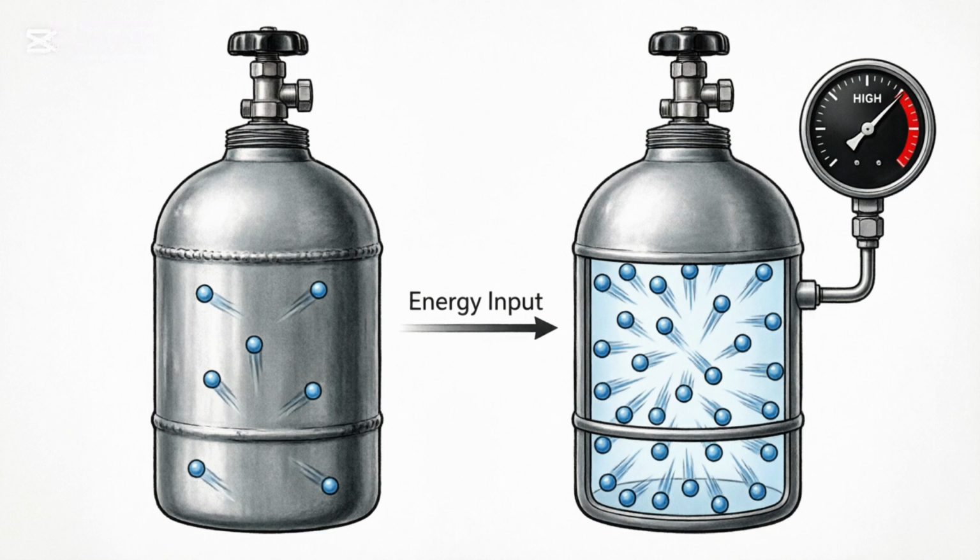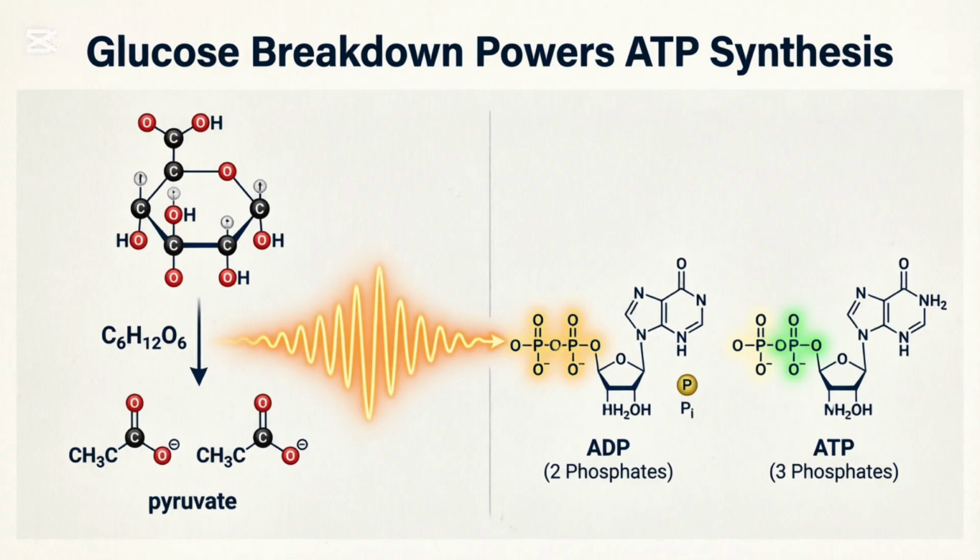Again, understand the analogy of cylinders: ADP is a molecule with less kinetic energy. We will provide energy from a full source, and we will form ATP, which has more particles or more kinetic energy.